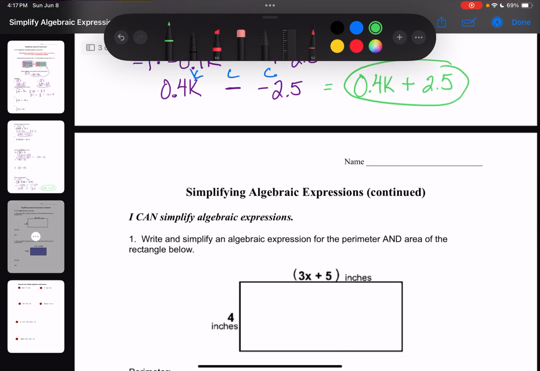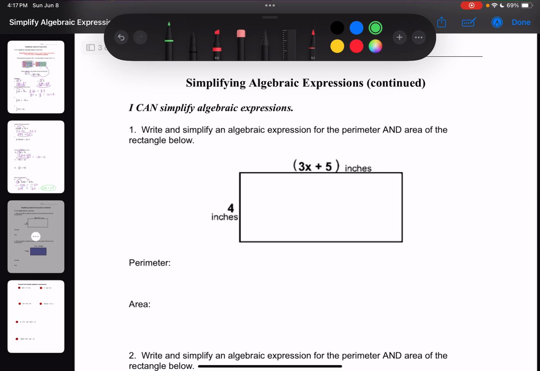Now, time to apply it. The most common application of this is with area and perimeter. Perimeter, remember, means adding all of the sides. When we have a rectangle, the opposite sides are always equal. So 4 is on also the right-hand side, and the bottom, or base, is 3x plus 5.